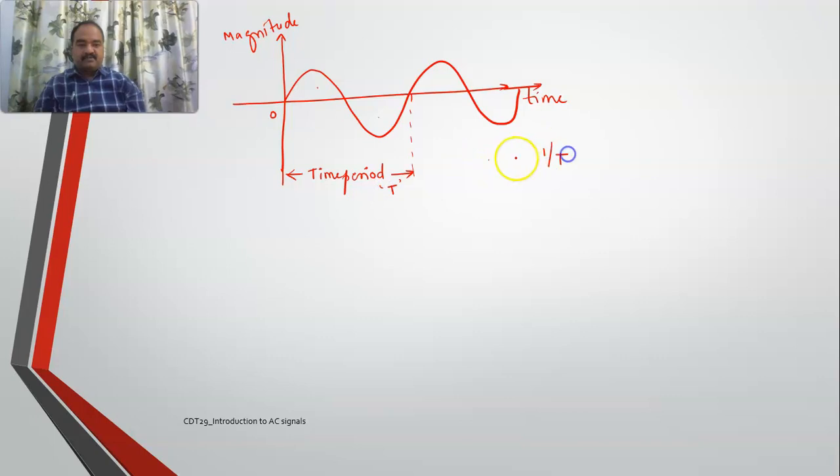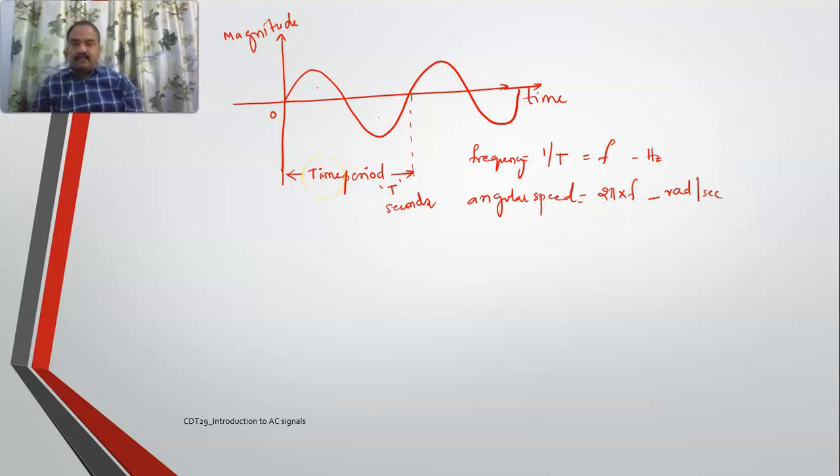And 1 by T is called frequency. Okay. And 2 pi into f, frequency, is called angular speed. And the units, for this one it is seconds, for this one it is hertz, and for this one it is radians per second.